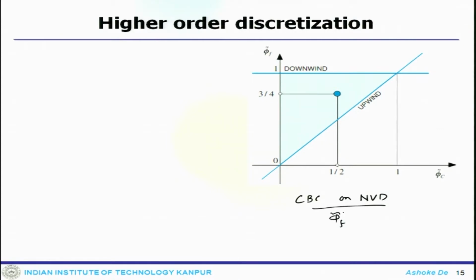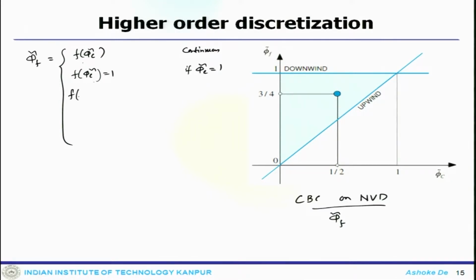Now, what we can see here is phi f tilde equals different values. It could be a function of phi c tilde equal to 1. When it is a function of phi c, that means it is continuous. In this case, if phi c tilde equals 1, then the function of phi c tilde is 1.